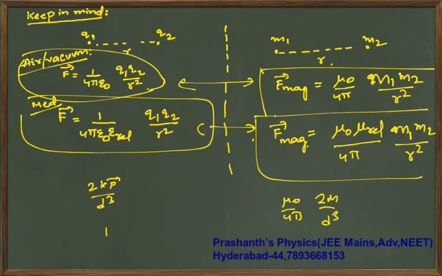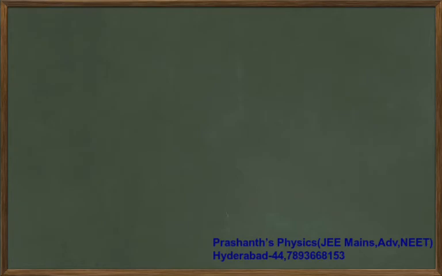On the equatorial line minus kp by d cube, here it is mu naught by 4 pi into m by d cube. Torque, energy, same. Entire electric dipoles you will repeat here as such. So now in this lecture we are going to do that comparative study and then do the calculations.